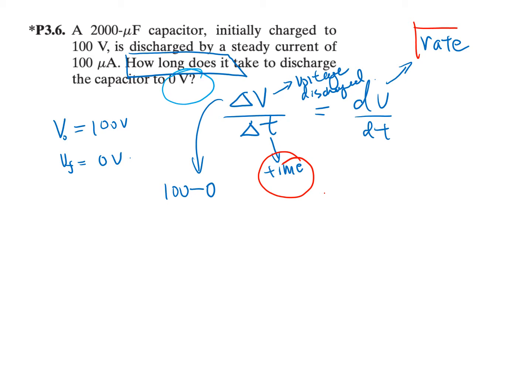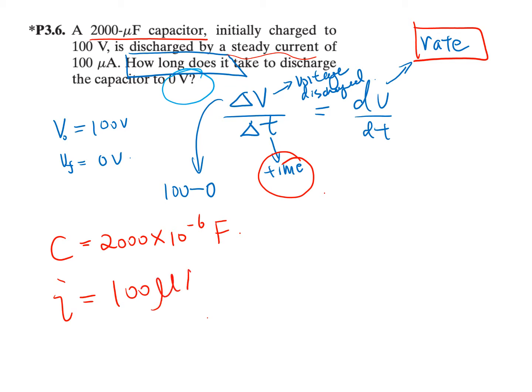So now we need to first look for the rate of the discharging. Now we know that the capacitance of the capacitor C is equal to 2000 times 10 to the negative 6 farads, and the current is a steady current with value of 100 microamp. Well, so how can we know dV over dt?